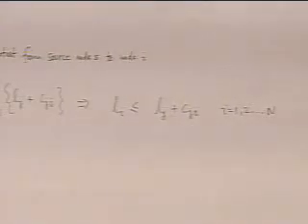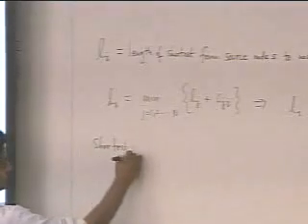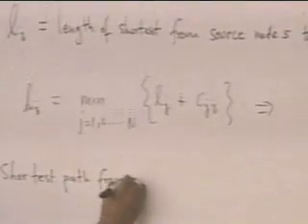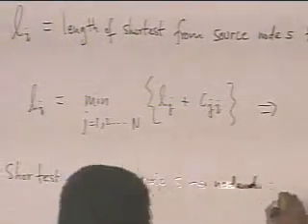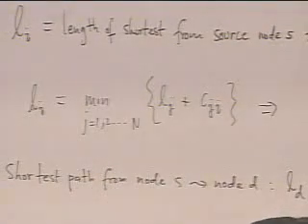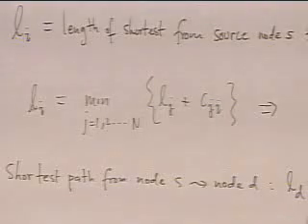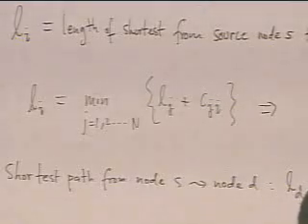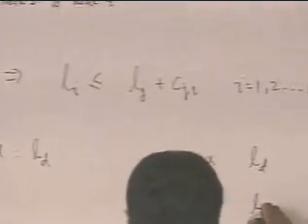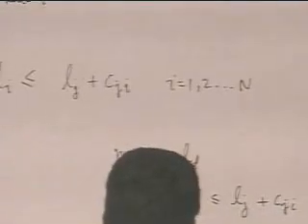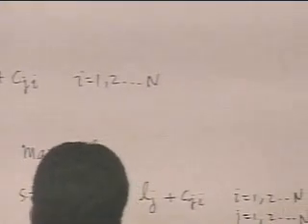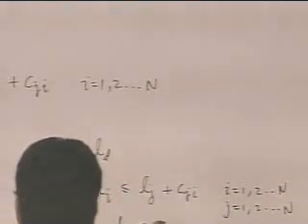Then I claim that if I want the shortest path from node S to node D, so D is a specific node that I'm after, this length, L sub D, is in fact the solution of that linear program, equal to the maximum of L_D such that L sub I is less than or equal to L sub j plus C_ji, I taking values 1, 2 up through n, and j taking values 1, 2 up to n, and L sub S is equal to 0.